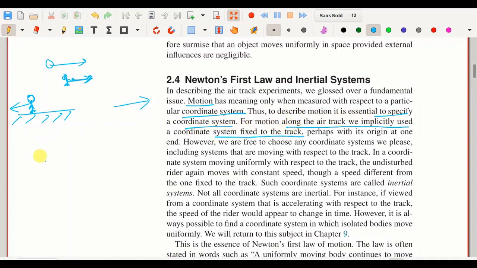Means that this air track was used as your fixed x-axis and this is your coordinate system. Because it is stationary, whatever object is moving on it, we say that yes, it is moving because this is stationary. That is the point of view to measure any motion.